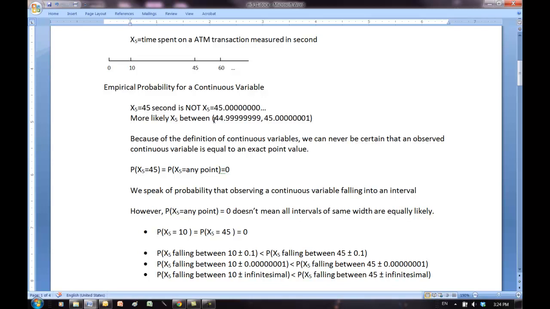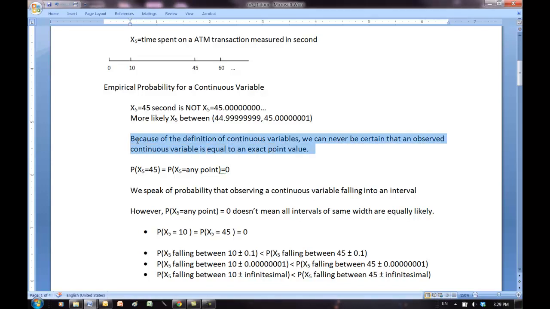Depending on the accuracy of the device you use, more likely we meant the time spent on the transaction is between an interval, and if the device we use is accurate down to the 8th decimal, then what we are really saying is the time spent in the last transaction is between 44.99999 seconds and 45.000001 seconds.